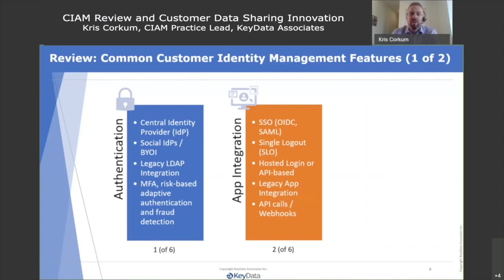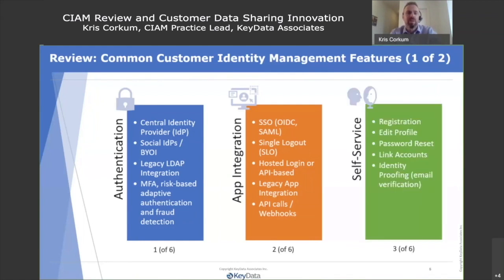CIAM platforms are usually orchestrating single sign-on and single logout for customers across multiple applications, using modern authentication protocols like OpenID Connect, and still in some cases SAML. But more and more applications are integrated using OpenID Connect as the de facto industry standard, and that's certainly always our recommendation. I'll skip over the next ones there.